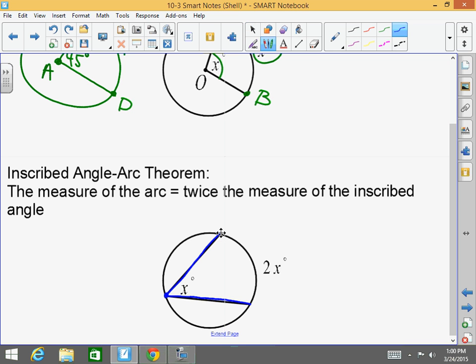So for example, if this angle here is 40 degrees, the arc that is intercepted by that angle would be 80 degrees. So central angle theorem, the central angle will equal the same measure as the arc that is intercepted by that angle. Inscribed angle theorem, the arc will be twice that of the angle that it is intercepted by.